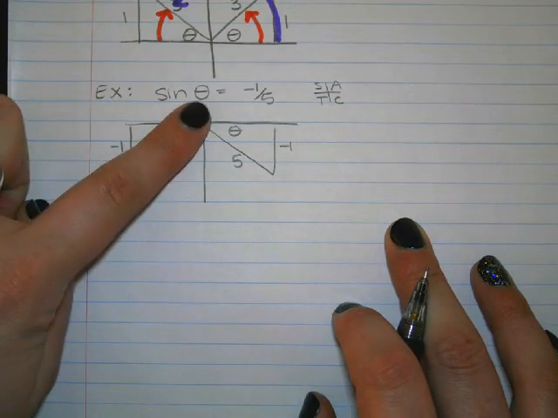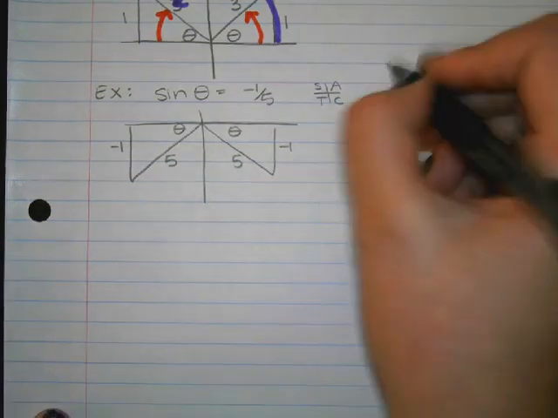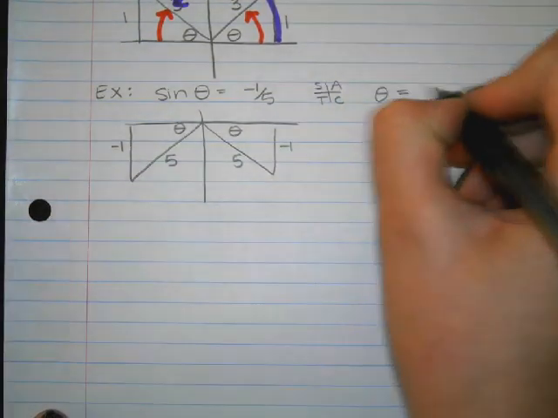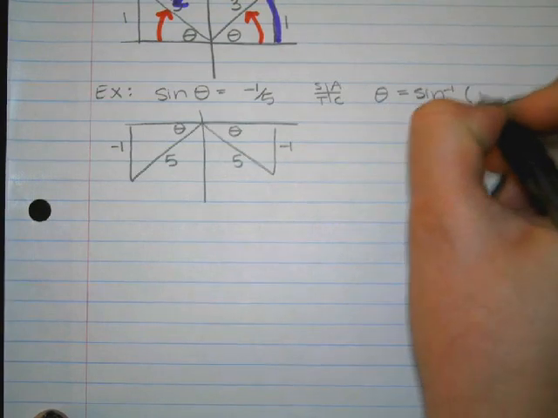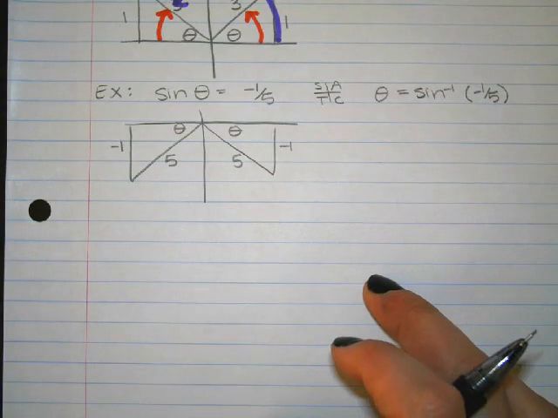And if this is my equation, how do I solve for theta? Sine inverse. So I'm going to say theta equals sine inverse of negative 1/5. Okay.